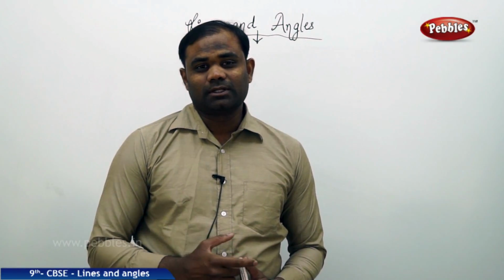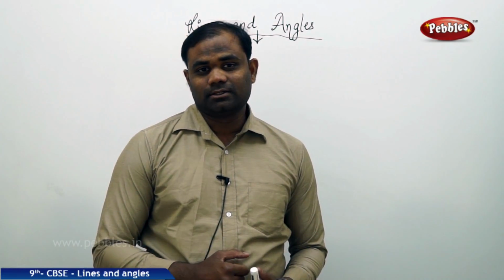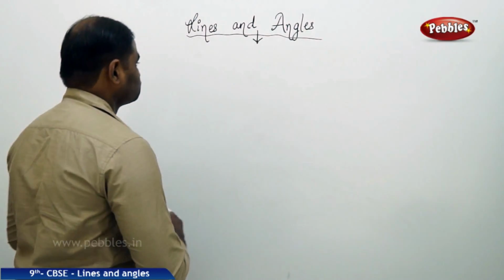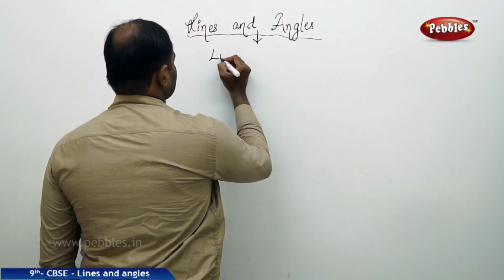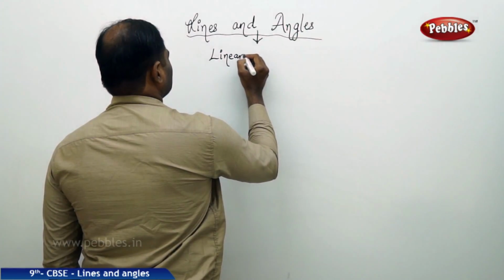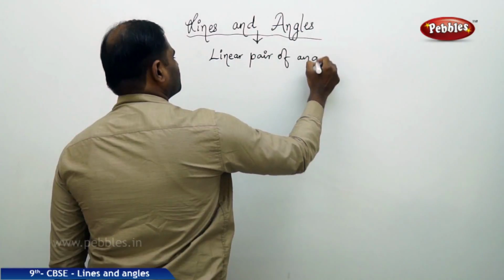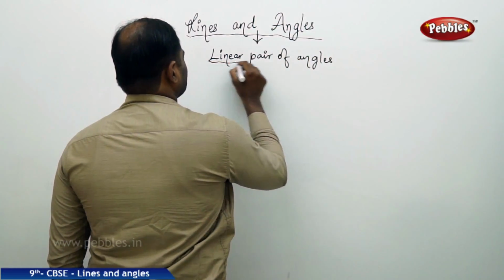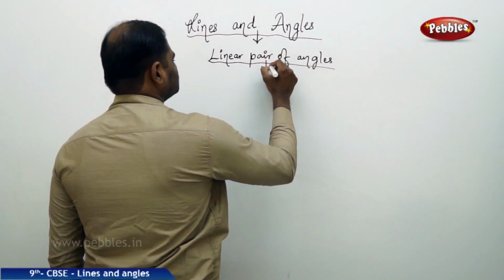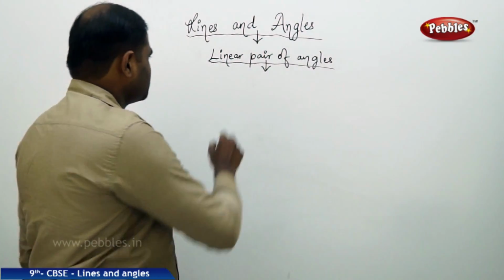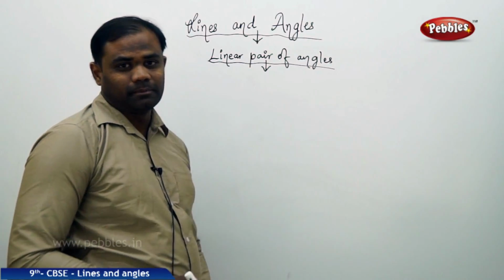Next is about linear pair of angles. Let's see what are linear pair of angles. As clearly the word itself says, linear pair. What do we mean by linear pair?